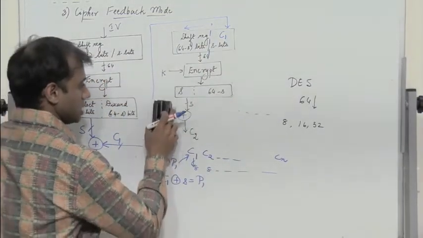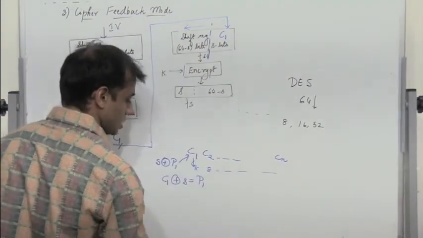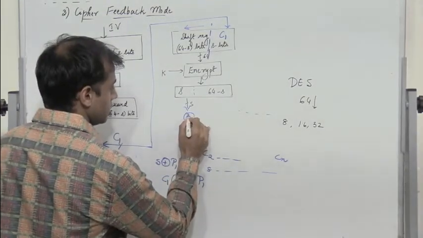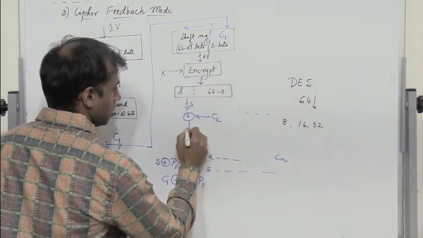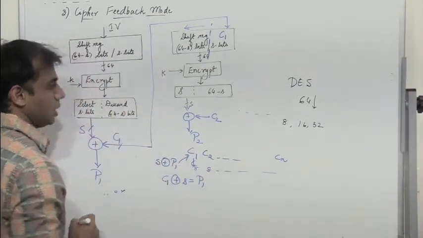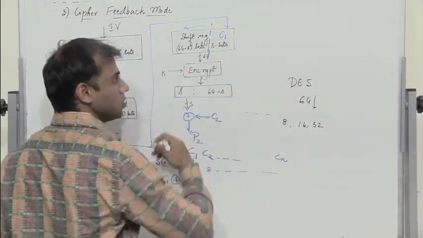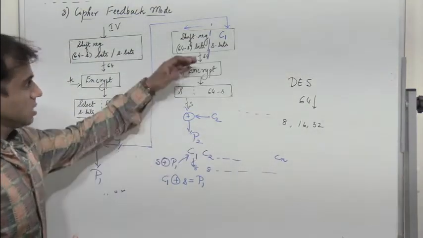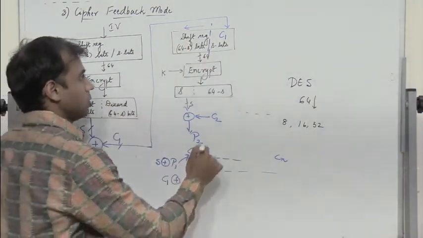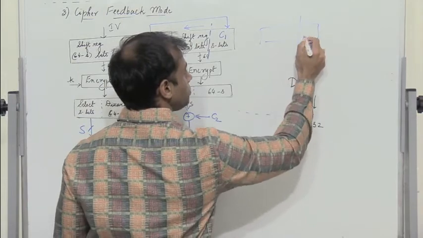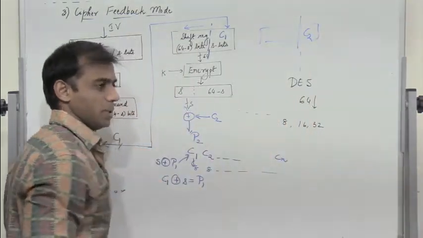So this data, the S bits, is again XORed with C2 and we get P2. Again we shift the contents of the register by S bits to the left, and store C2, and then the process repeats.